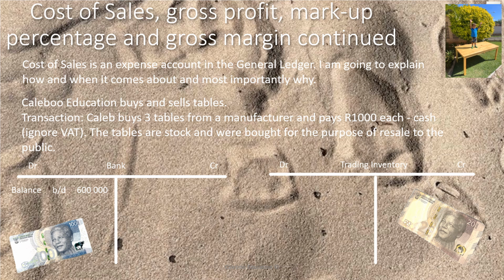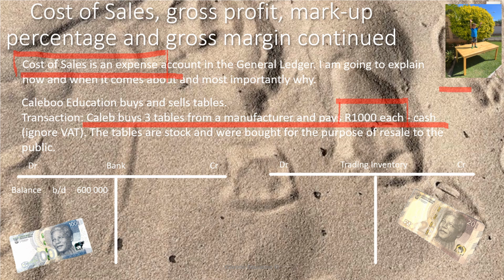Let's start at the beginning. Cost of sales is categorized as an expense. Now, if I look at this transaction, Caleb buys 3 tables from a manufacturer and pays 1,000 Rand each. The cost price of each table is 1,000 Rand.